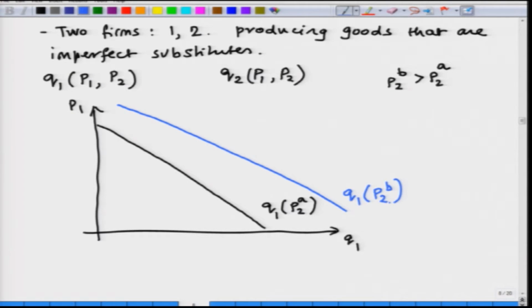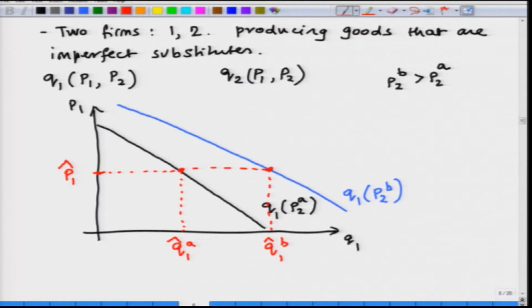So, which means that at some price P hat, the original quantity demanded was let us say Q1 hat A. Now, the quantity demanded is Q1 hat B, where Q1 hat B is greater than Q1 hat A, right.